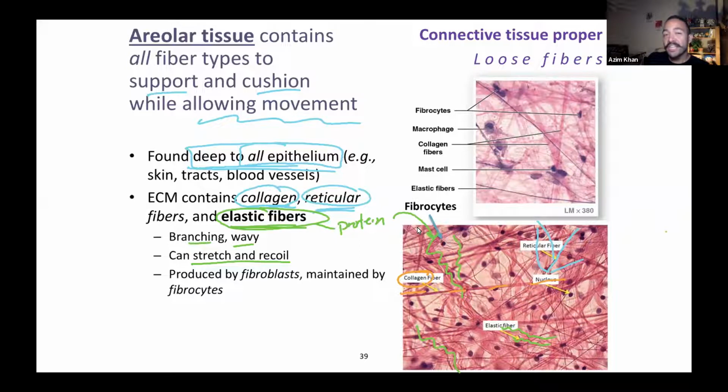The pictures you see here are showing smeared areolar connective tissue. When we get to histology, I'll show you what areolar connective tissue looks like in a section of tissue that hasn't been smeared. Smearing it allows you to see the fibers better. That's why it's been done here. So when we look at it in tissue, we won't be able to see all the individual fibers.